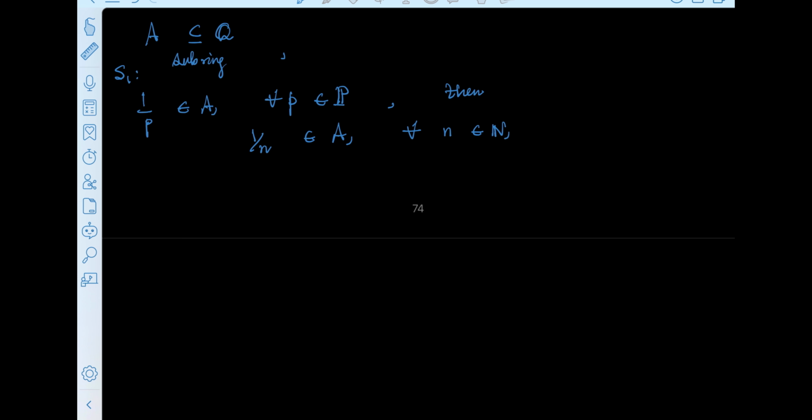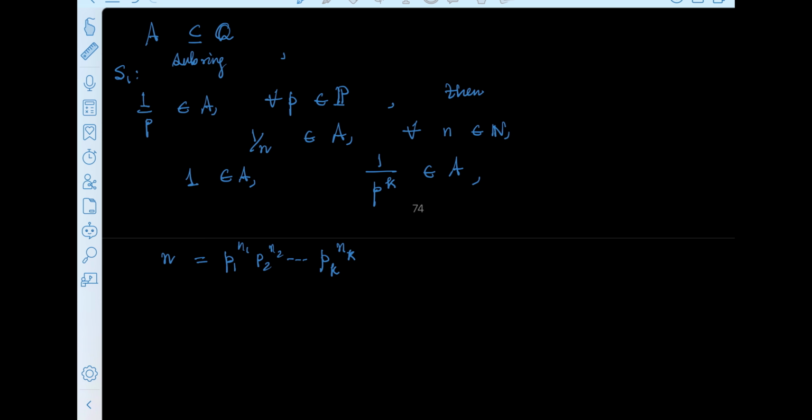Why? Because as A is a subring, 1 is inside A, and we assumed that 1/p is inside A. That means any prime power is inside A because A is a subring. And we have prime factorization for any natural number.